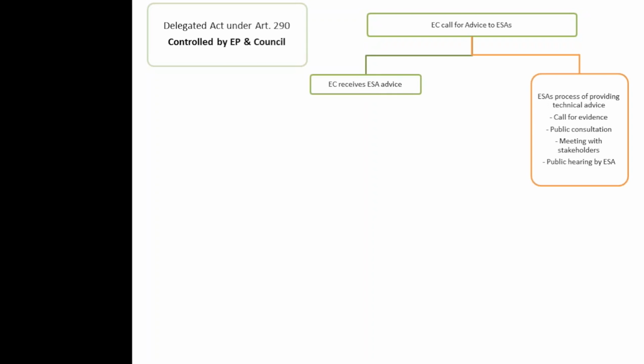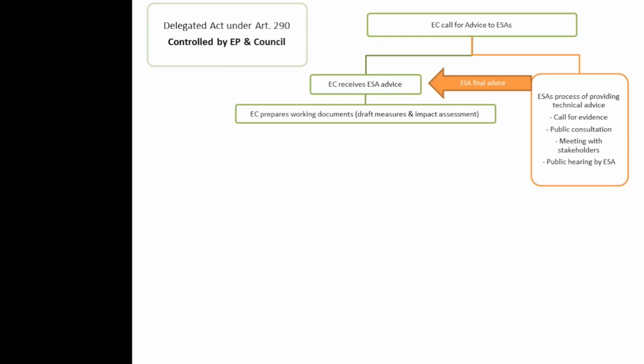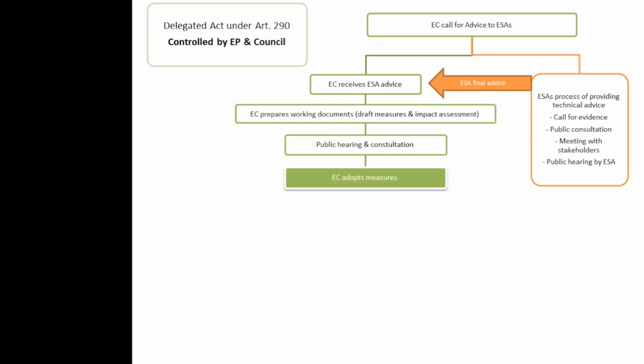The final advice is sent back to the Commission, and is also provided to the Council and to the Parliament for information. Then, of course, we have this long process of public hearing and public consultation, and then the Commission adopts the measure.